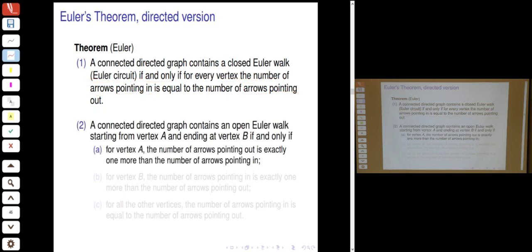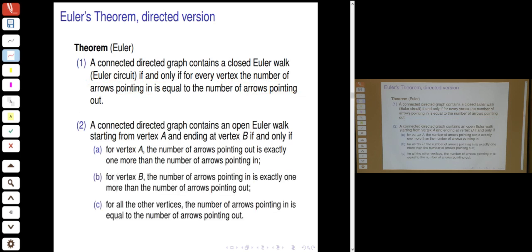And finally, this is the last item in today's lecture. We can also obtain a generalization of the second part of Euler's theorem for the existence of an open Euler walk in the case of directed graphs. Previously, in the previous version of the theorem, we stated it for graphs without arrows.